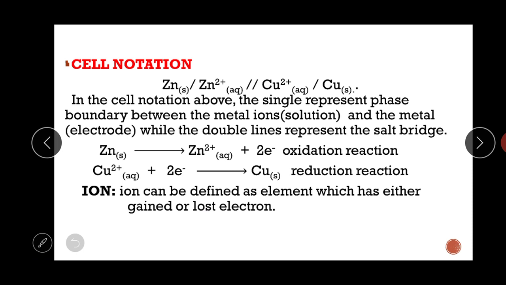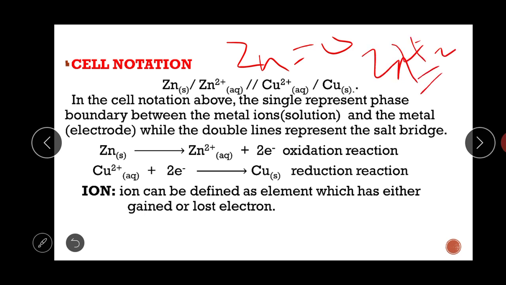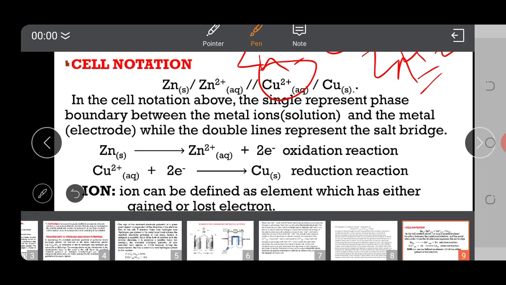Zinc is 0 in the free state, but zinc 2 plus has oxidation number 2. So you can see an increase in oxidation number. That's oxidation, so oxidation occurs at the zinc area. Now look at reduction. Copper before had 2, but now copper is having 0. So reduction occurs there.